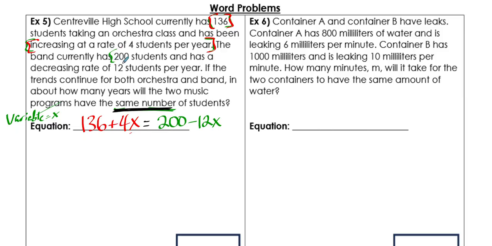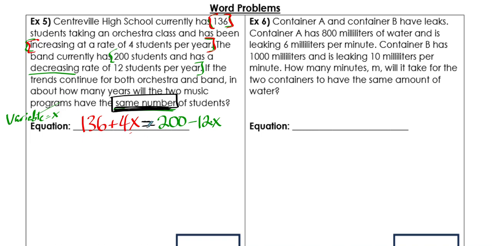This one starts at 200, and it's decreasing by 12 students per year. Starts at 200, and it's going down by 12 students each year. We want to know when they're going to have the same number. So we want to know when are those two things going to be equal to each other. That's why we put an equal sign directly in between.